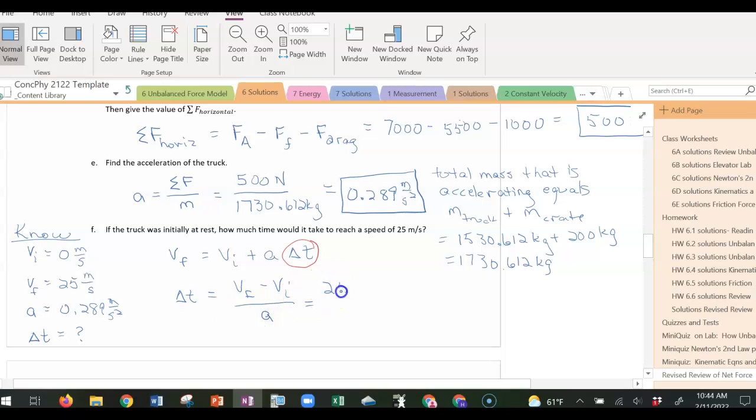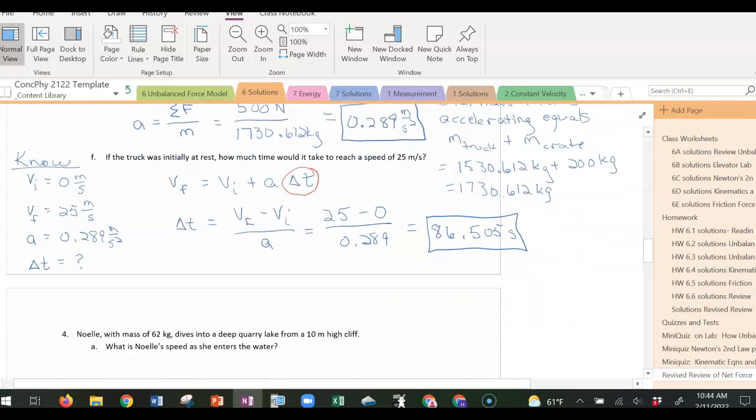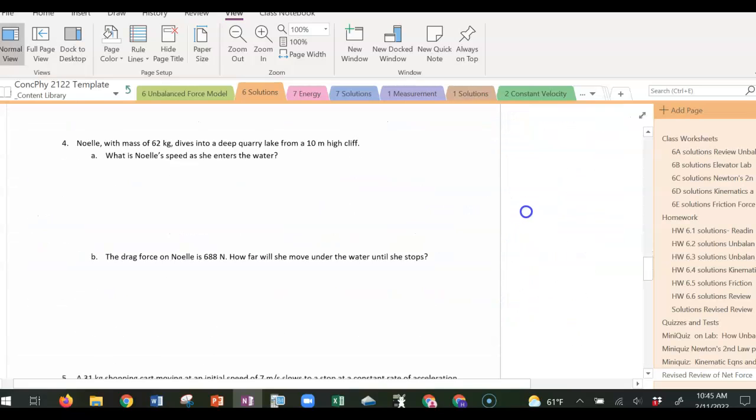So I have 25 minus 0 divided by that 0.289. And so it's going to take 86.505 seconds for it to reach that speed. Okay, let's look at the next one.